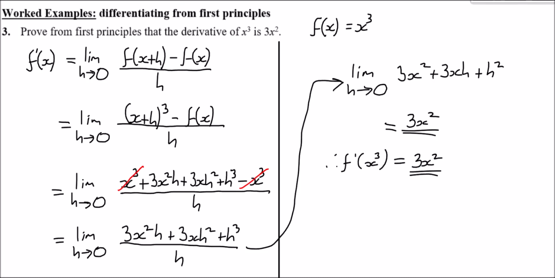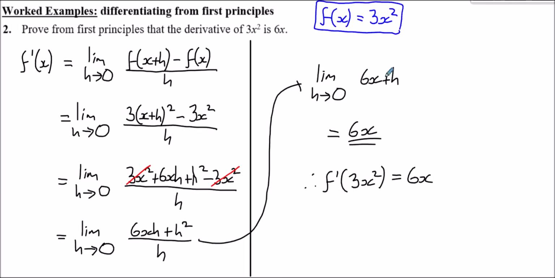Okie doke. Now, before we do the next lesson, I want you to reflect on these results. I'm not going to tell you now what they are. When we had f of x as x cubed, the gradient function was 3x squared. Going back one, when our function was 3x squared, the general gradient at any one point was 6x. Is there a pattern here?